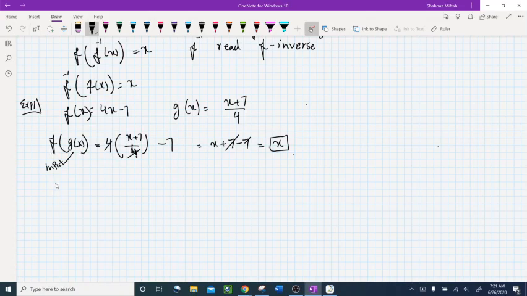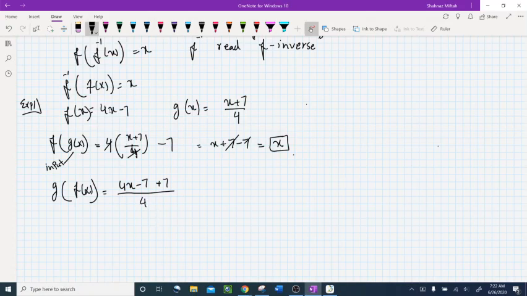Let's try the other way around: f of x is the inverse of g. The g function is this one, and I'm replacing its x with 4x minus 7. Whatever is inside the parentheses is the input, which means you replace every x in g with this function. So I have (4x minus 7 plus 7) over 4.